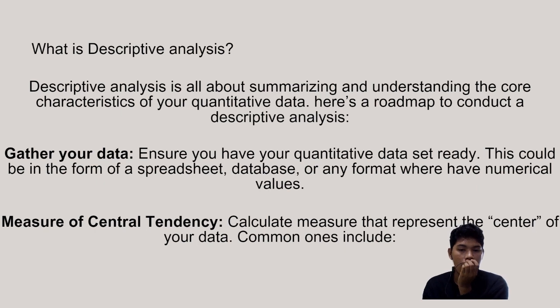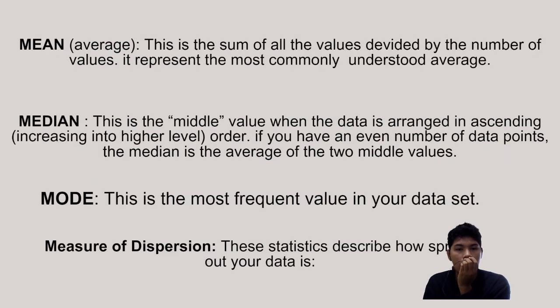So the next is measure of central tendency. Calculate a measure that represents the center of your data. Common ones include mean, which is average. This is the sum of all the values divided by the number of values. It represents the most commonly understood average.